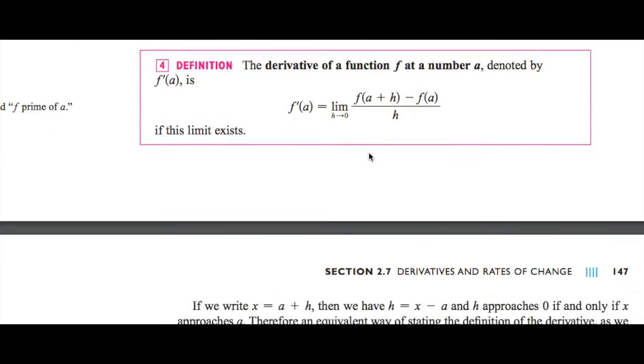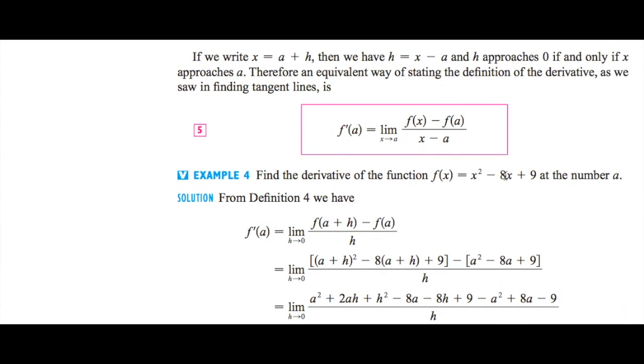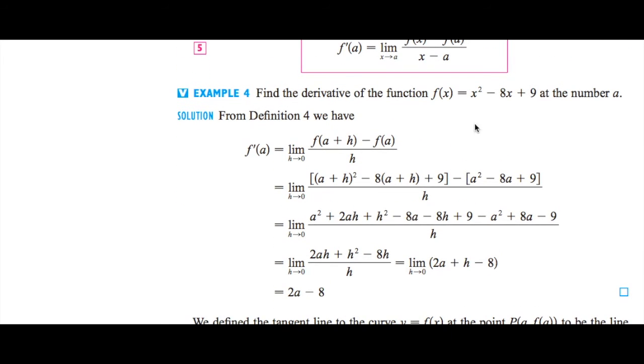We usually don't have the 2 points, so because of that, we just have the function and we do the plus h. So here is an example of how to solve it. You take the function, and then every time you see the x, you replace it with a plus h squared minus 8 times a plus h plus 9. This whole thing subtract f of a. So this is just a squared minus 8a plus 9 divided by h.